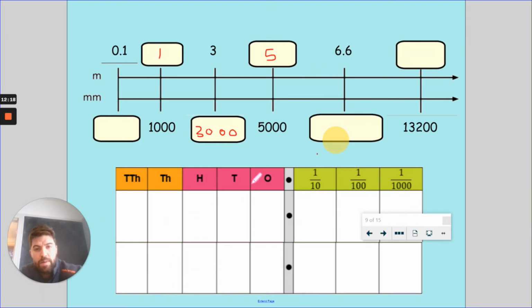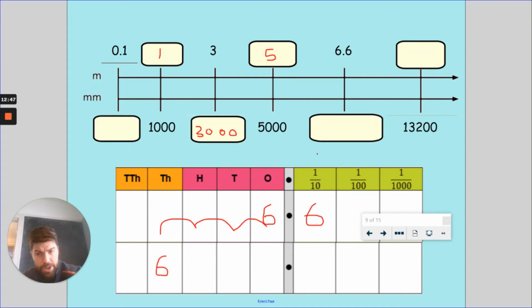So the next one, I've got 6.6 in the metres. So that's 6 ones and 6 tenths. And I want to know what that is in millimetres. So, to get this right, I need to slowly and carefully do exactly the same as I've done before. So I'm going to move this digit 1, 2, 3 columns, and it's going to come into the thousands.